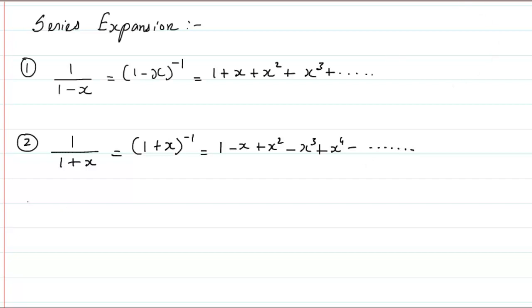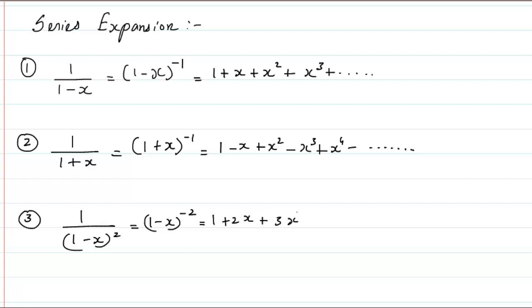Then the third one we are having is the square of this. That means 1 divided by (1 minus x) the whole square. This can be even written as (1 minus x) the whole raised to power minus 2, which is 1 plus 2x plus 3x square plus 4x cube, like that the series will go forward.